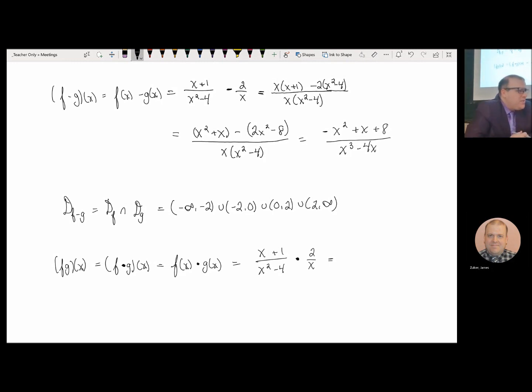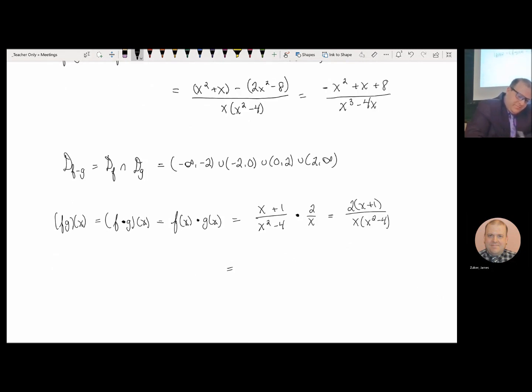How do you multiply fractions? Top times top, bottom times bottom. Straight across. Sadly, there's nothing to simplify, so there is an answer.